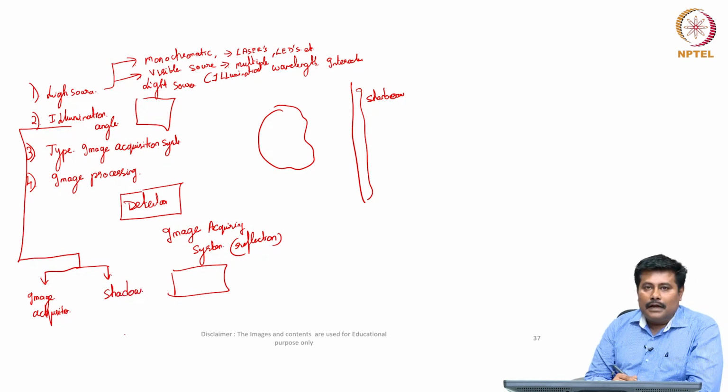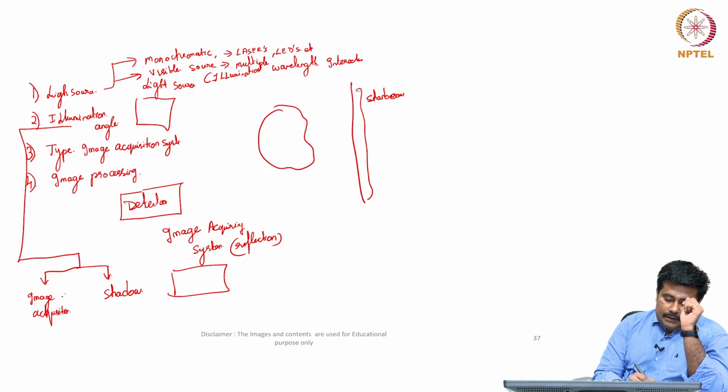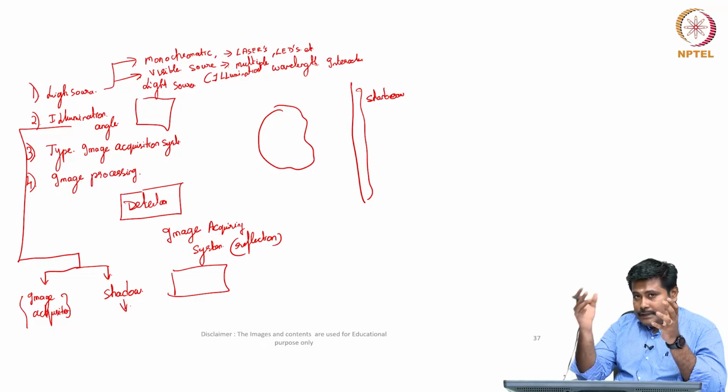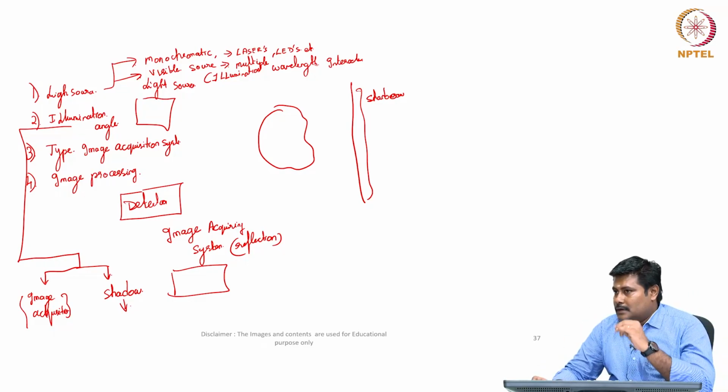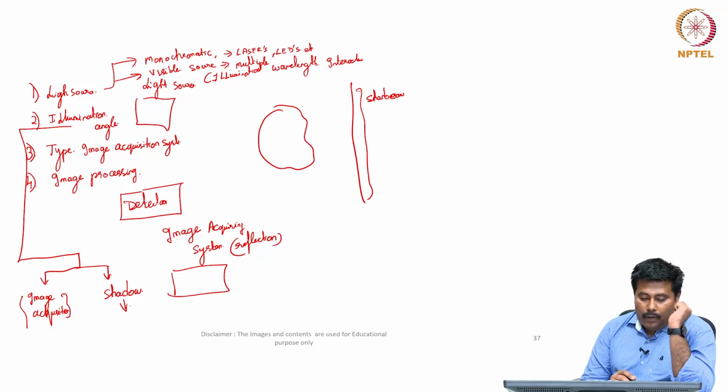As far as image acquisition is concerned, if we need complete details of the features, we can go for an image acquisition. In the case of a shadow, the shadow is mainly meant for visualization of the structures. For example, if I want to visualize the rate at which a micro robot moves, there exactly the shadowgraphy plays a vital role.